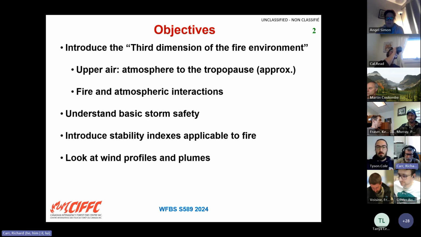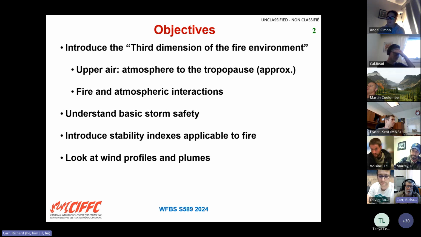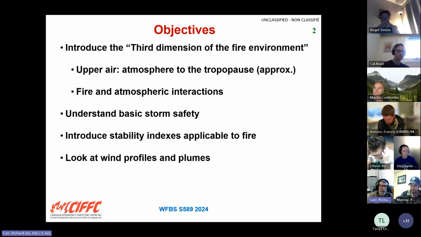All right, so we're calling this the third dimension of the fire environment, the upper air. So really up to about the tropopause, and we'll say approximately because things like strong thunderstorms or big fire plumes can actually deform the tropopause. So we do get some interaction with the stratosphere from time to time, but most of the weather takes place underneath the tropopause.